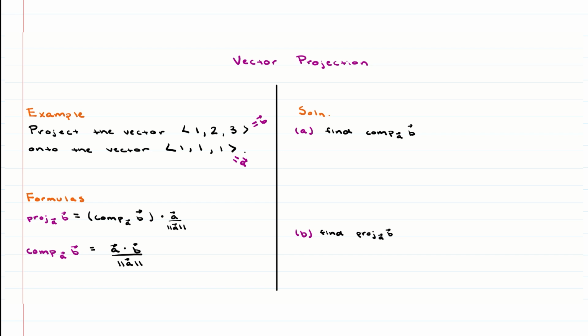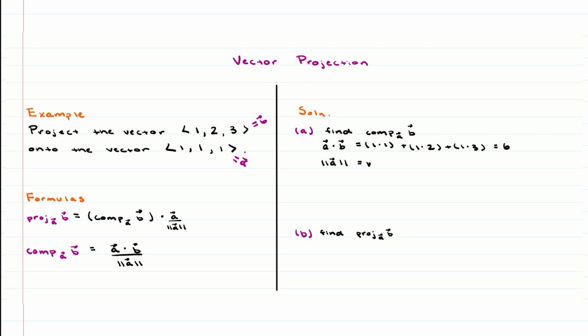To do this, we first need to find the dot product of vectors a and b. This will equal 1 times 1 plus 1 times 2 plus 1 times 3. That'll give us 1 plus 2 plus 3, which equals 6, and this is our numerator. And for the denominator, we need to solve for the magnitude of vector a.